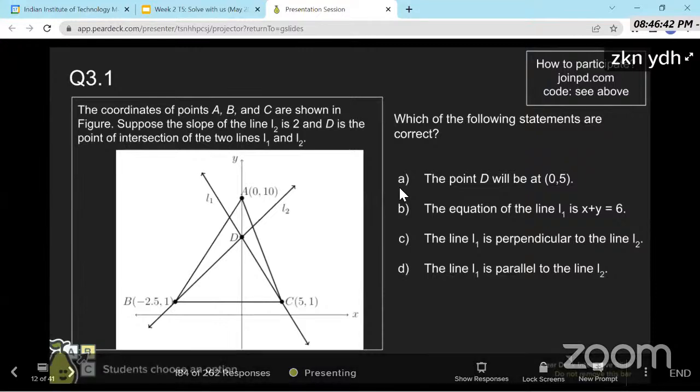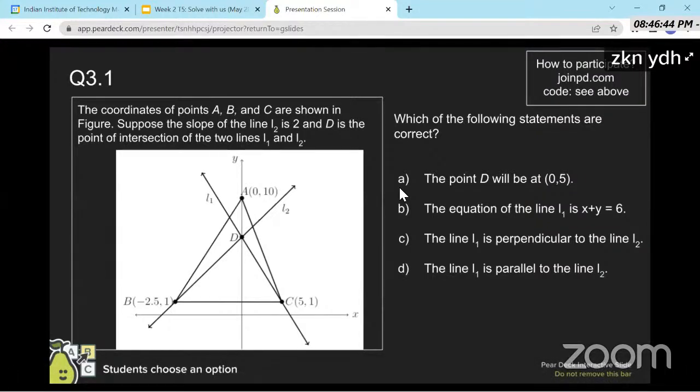So for finding L2, we need to use the slope point form, with m equal to 2 and the point (b) equal to minus 2.5, 1. That is y minus y1 is equal to m of x minus x1. We get an equation 2x minus y plus 6.